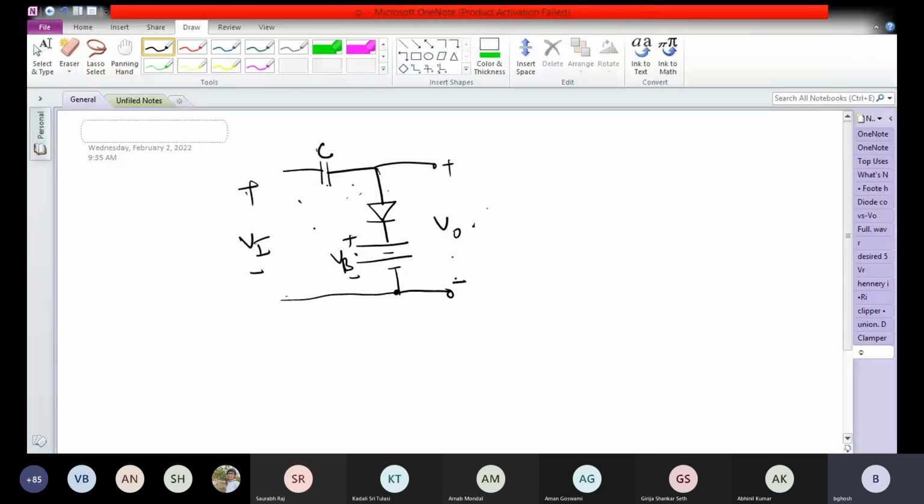So here in this case, we have a battery source VB and we have the diode, V0, Vi and the capacitor. The only difference is that the voltage at point X, assuming the diode cut-in voltage is 0, will be held at plus VB.